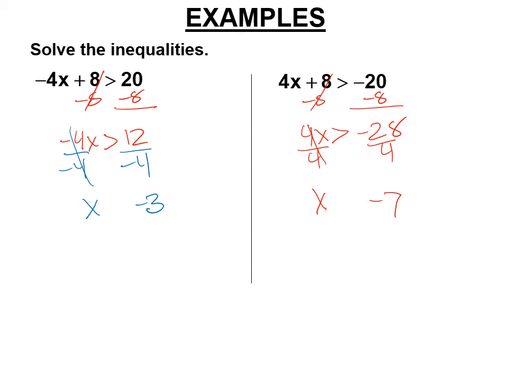But in one of these, we have to flip the symbol. Why do we have to flip the symbol? Anytime you multiply or divide both sides by a negative, the symbol gets flipped, right? And so you're doing all this work, you're dealing with your negatives and the procedure, and you've got to remember that anytime you divide both sides by a negative, you flip the symbol.